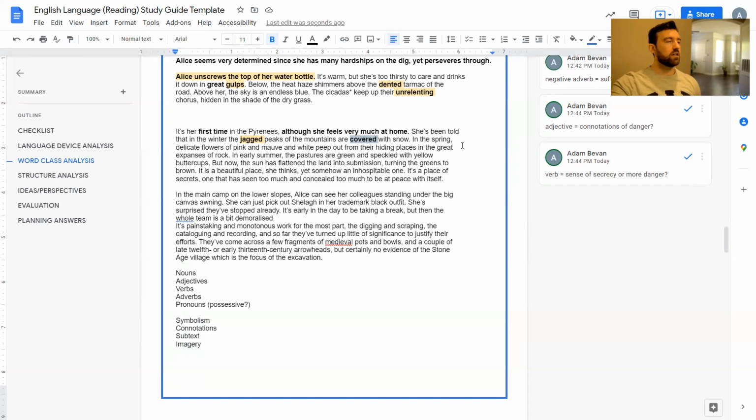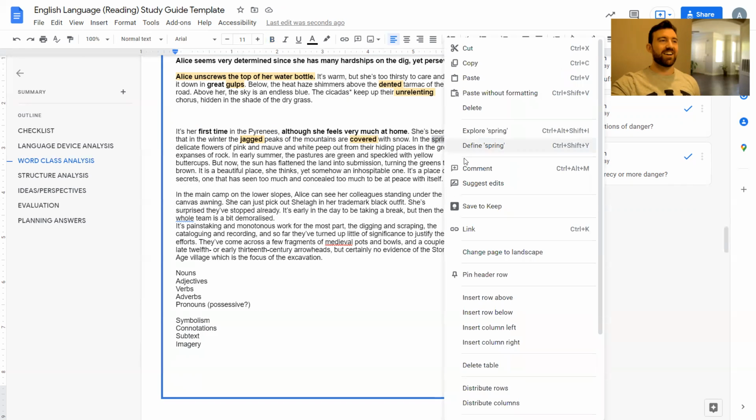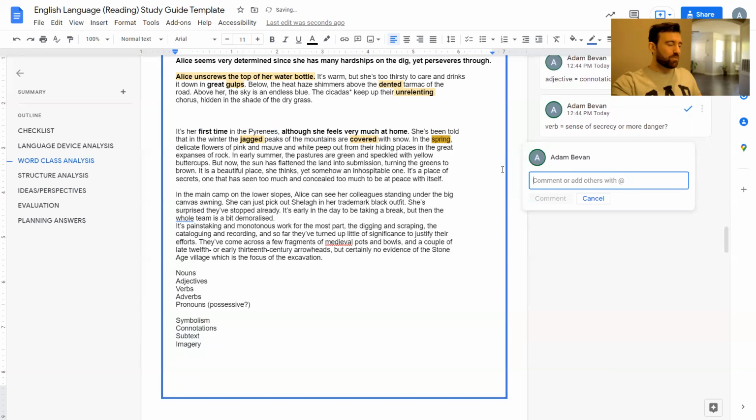In the spring, okay, another one. So spring, whenever you see anything to do with weather, obviously that's often pathetic fallacy, or the seasons or light and dark, these are all great things to pick out. So spring, connotations of a fresh start. Now, spoilers, we come to know that Alice does make a big archaeological discovery in this piece.